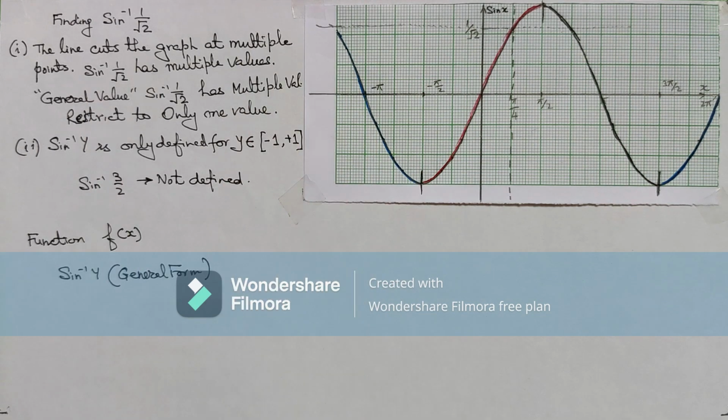So there are multiple such sections, and any one of these sections can be used to find an angle whose sine is given to be y. So once y is given, I can find sin inverse y using any of these sections. In general, each of these sections will yield one value of sin inverse y for a given value of y.